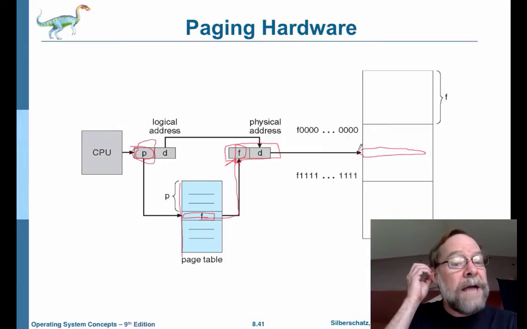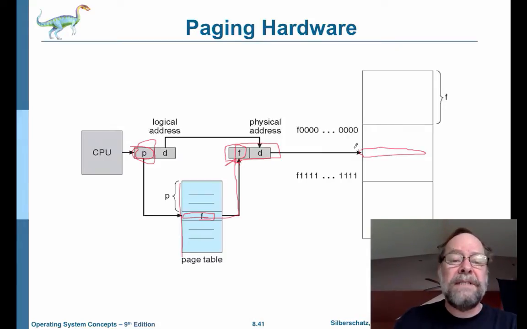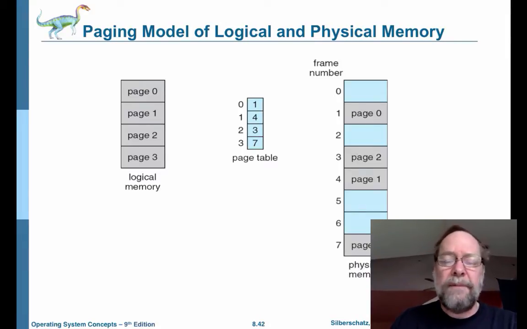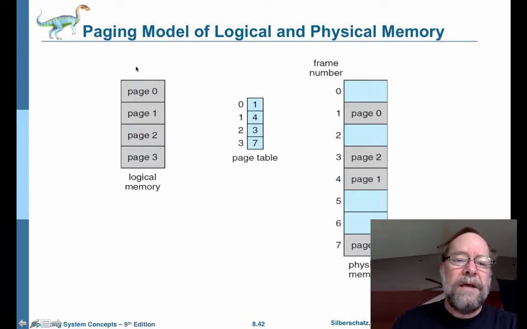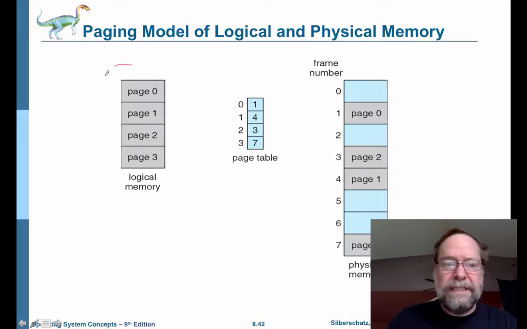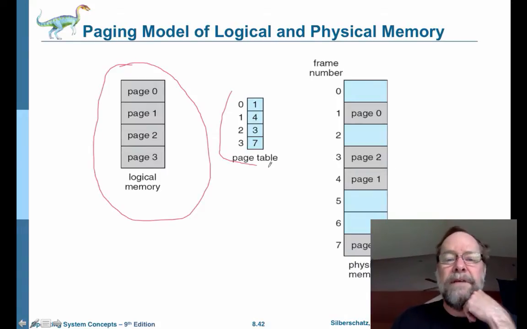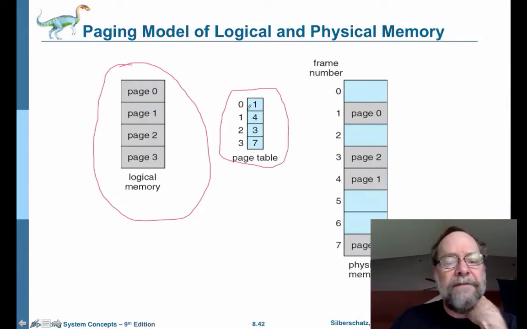So the actual process of doing the mapping isn't particularly difficult. And this is basically just a similar example from the textbook to what I just showed you from my Excel spreadsheet diagrams. But same idea, you've got a process over here that now consists of 4 pages of memory that it needs to store itself. And so its page table will only have 4 entries in it.